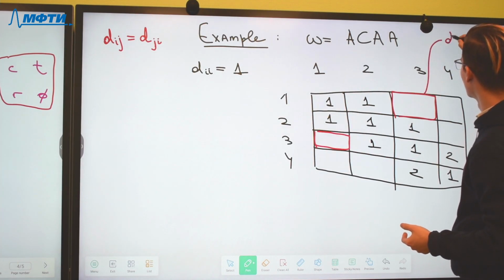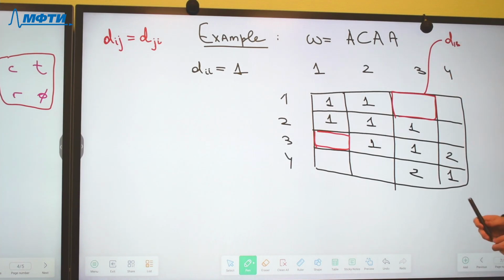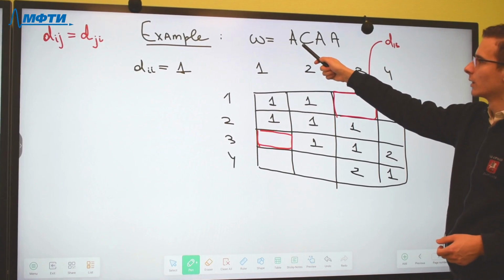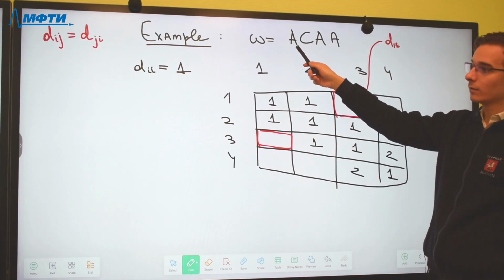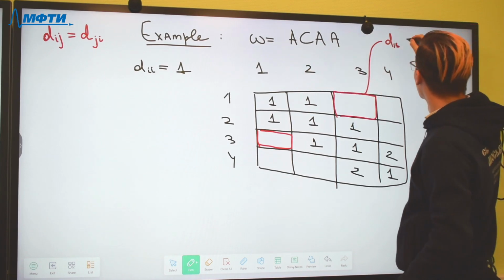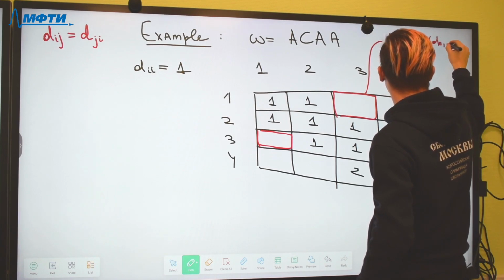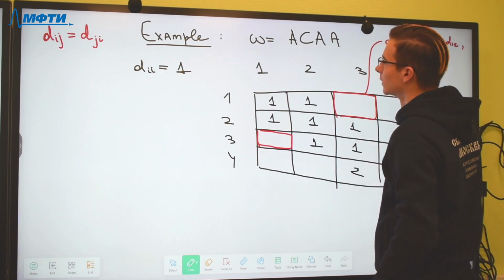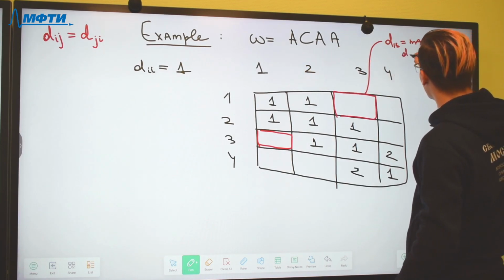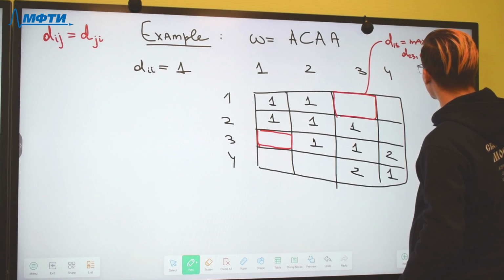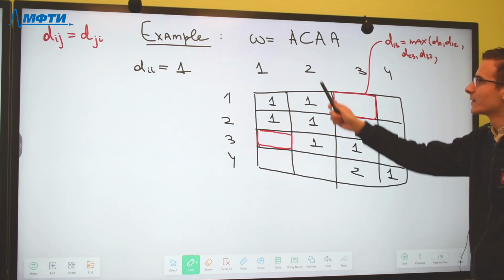Here, it's the maximum of D with index 1 and 2, 1 and 1, with index 2 and 3, 2, 3, 3. And then I see that they are equal.